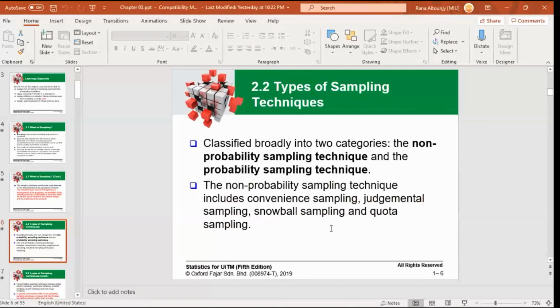So here also for sampling methods, we have two main categories, and under those categories we have sub sampling methods. Those two main types of sampling techniques: first is the non-probability sampling technique, second is the probability sampling technique.